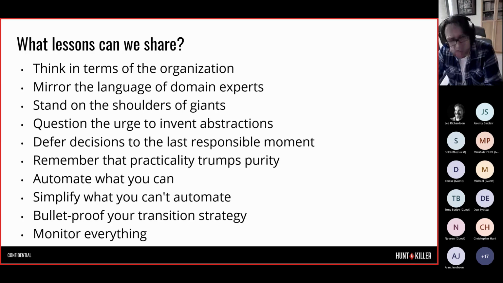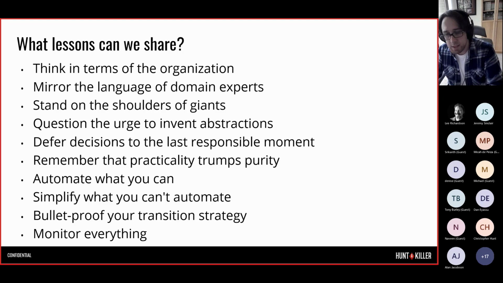So what lessons can I share? This really comes to the meat of my talk today. What kind of thoughts and what kind of insights can I share with you when going from breaking up a monolithic application into a set of microservices?